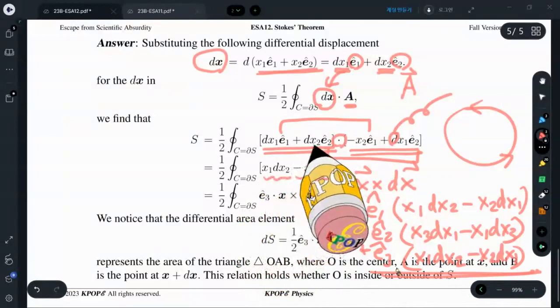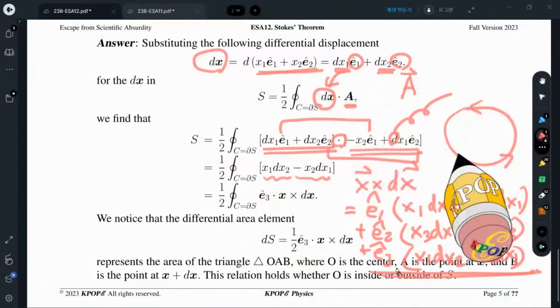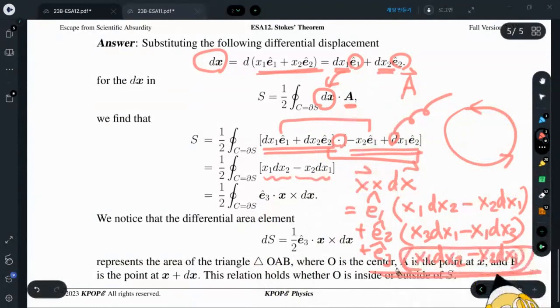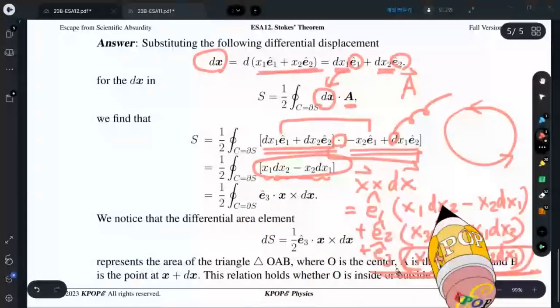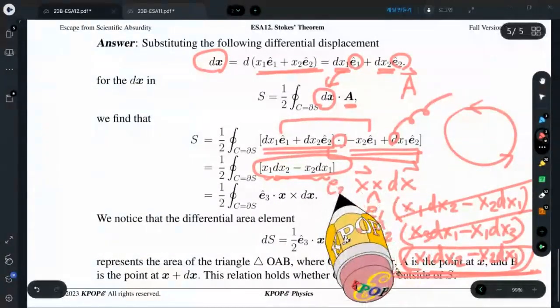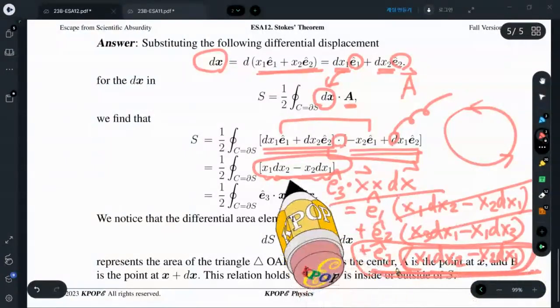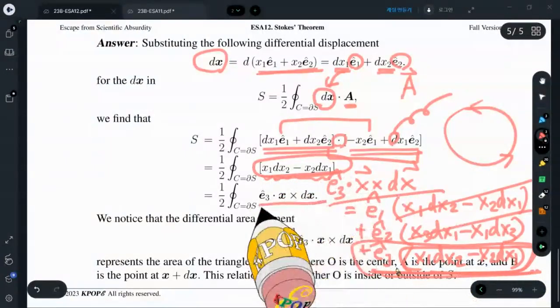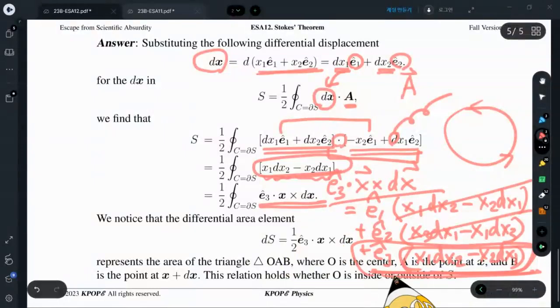So we have this over the path, the same. The other components vanish. If I take e3 dot this one, the only contribution is this, and this is identical to this. We make use of this situation.